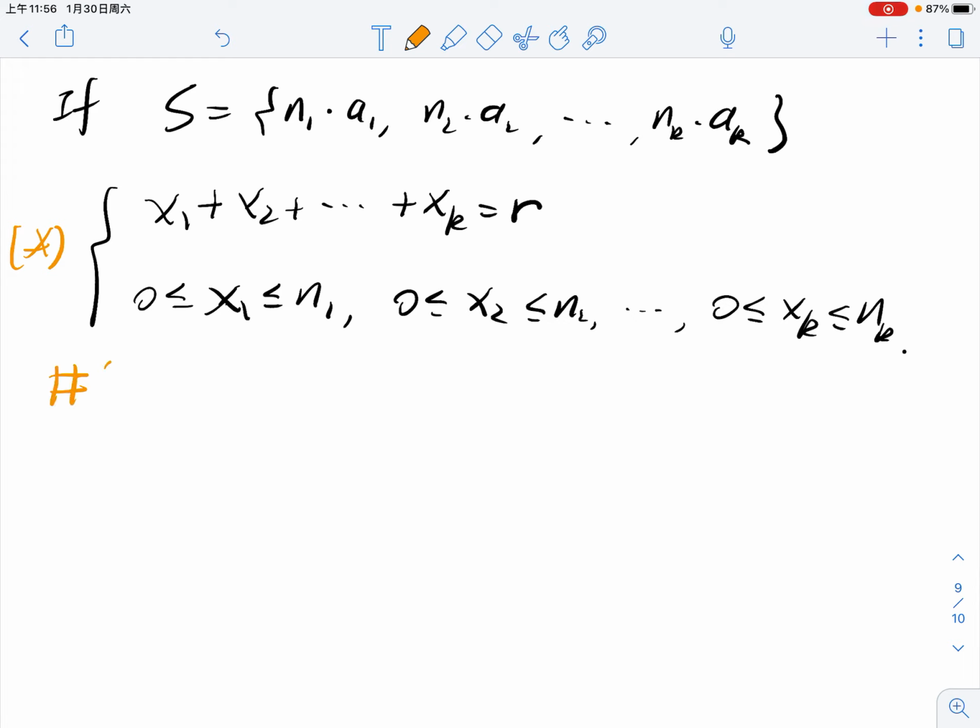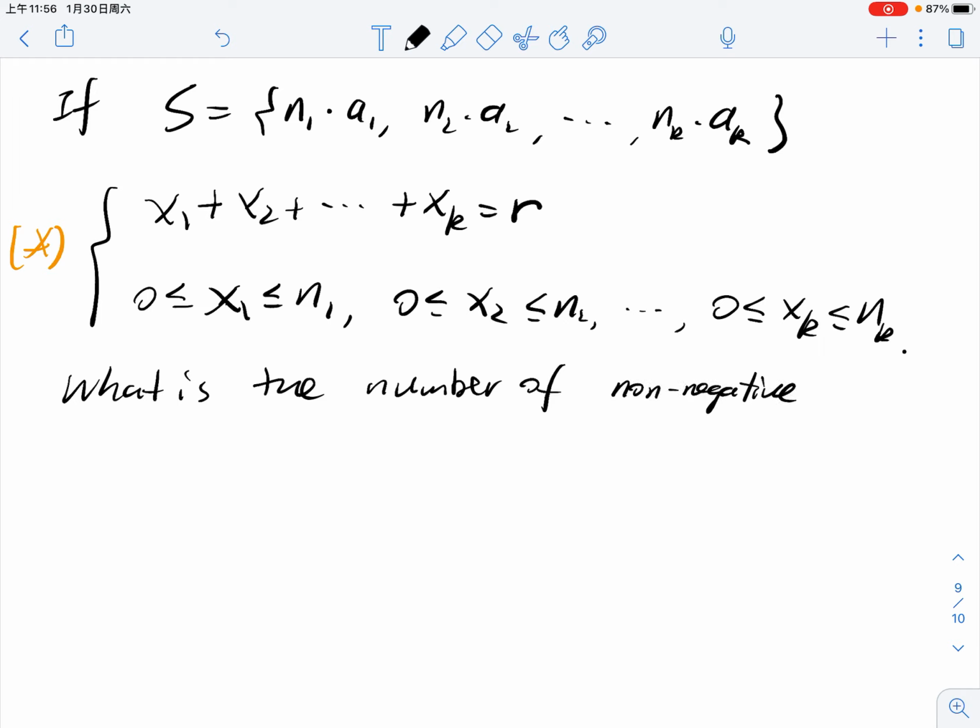And what is the number of non-negative integer solutions?